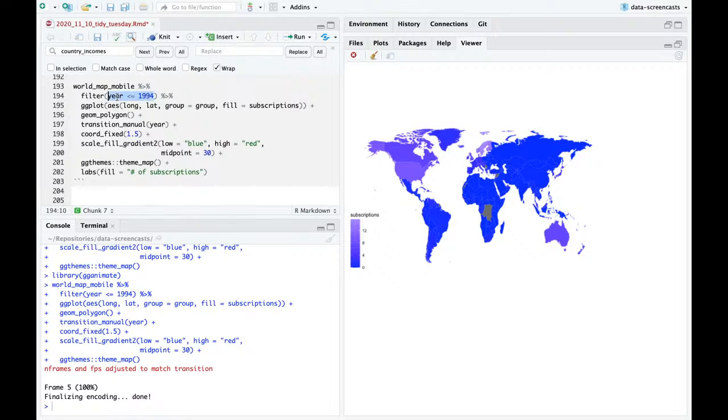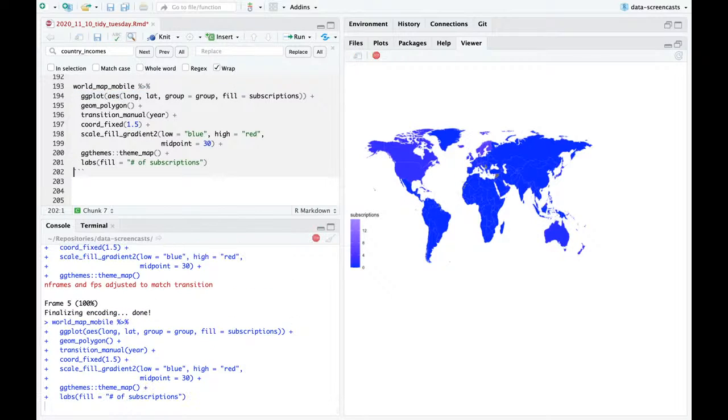Okay, let's see how it looks. It takes a minute to set it up, but what I'm doing is transition_manual(year), which says I want the year to turn into a frame, so each of these is one year. It's taking its time. It's got 2 million observations. It's going to take a minute.